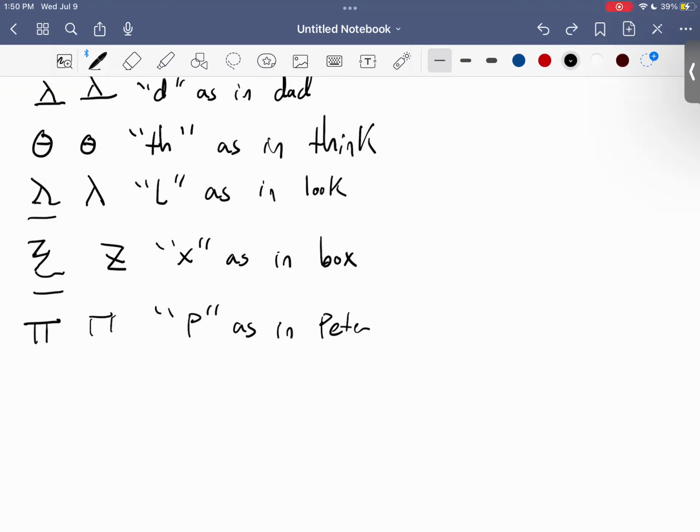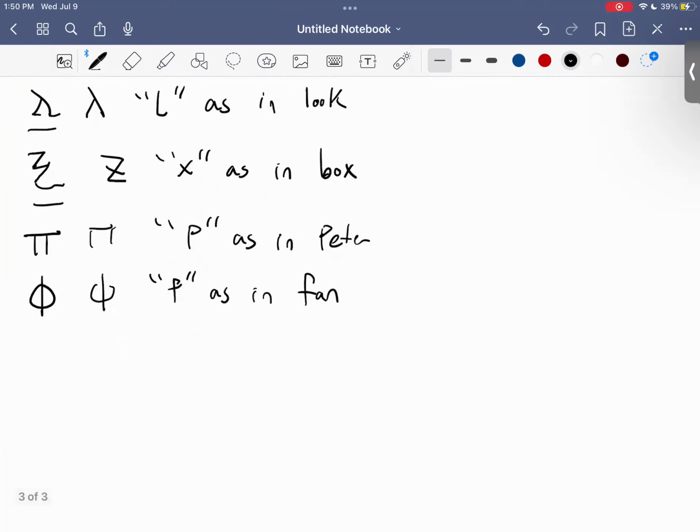The next one we have is an interesting one. It's going to be Phi, okay, Phi. It honestly looks very, very similar in its uppercase and lowercase form, but it makes an F as in fan, okay? F as in fan, okay?